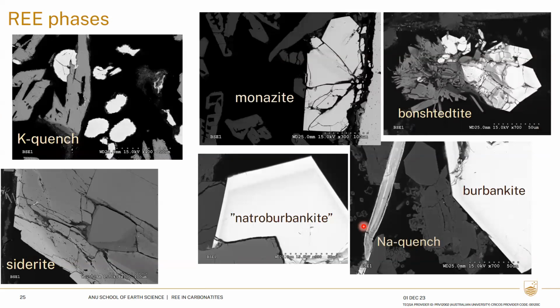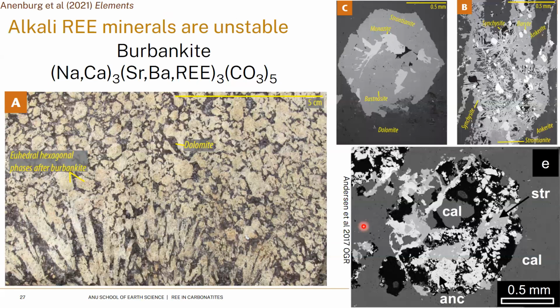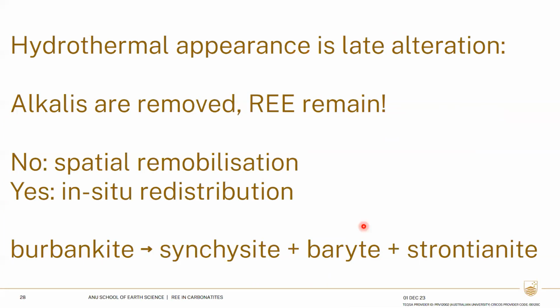I mean, it's a torrent of names, for example. I don't remember them. Anyway, those things are soluble and they don't survive in the geological record. Something about this hydrothermal appearance that we often see in ore deposits is there because we're removing the alkalis away.